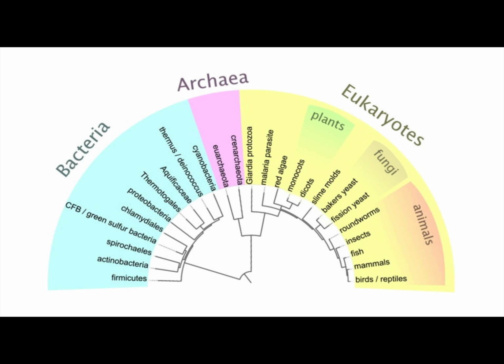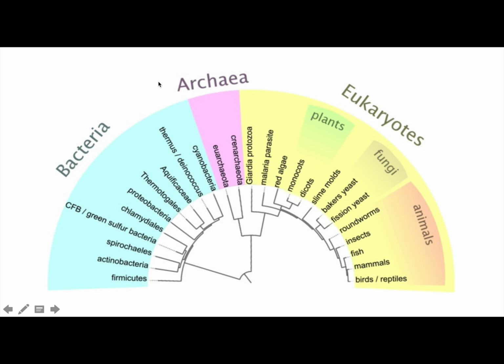And we end up with something that looks a bit like this. What this diagram tells us is that all organisms evolved from a single ancestor, and then there was branching out. Although this diagram looks as if there are equal amounts of bacteria, archaea, and eukaryotes, that's not actually the case.